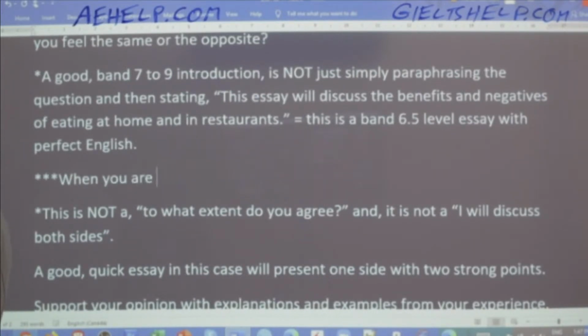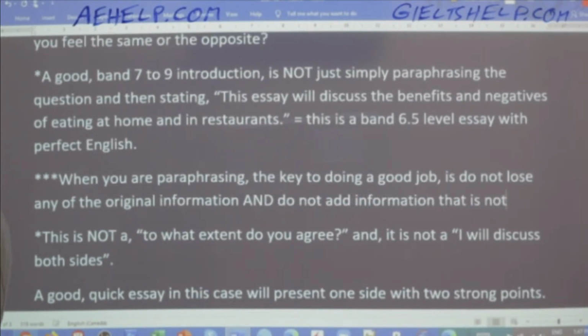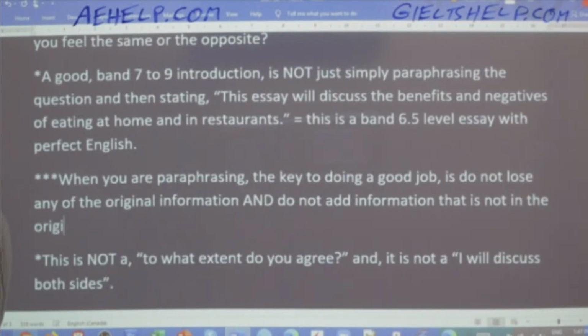When you are paraphrasing, the key to doing a good job is do not lose any of the original information and do not add information that is not in the original information.